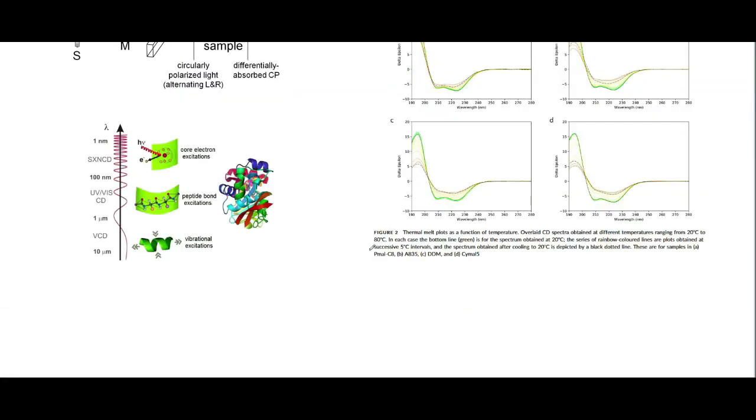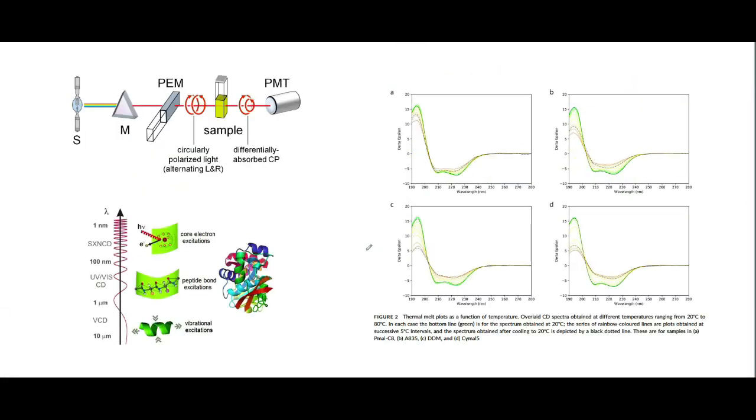And so up here, I want to talk about ways that we can look at the different secondary structures, and we do that by doing what's called circular dichroism.